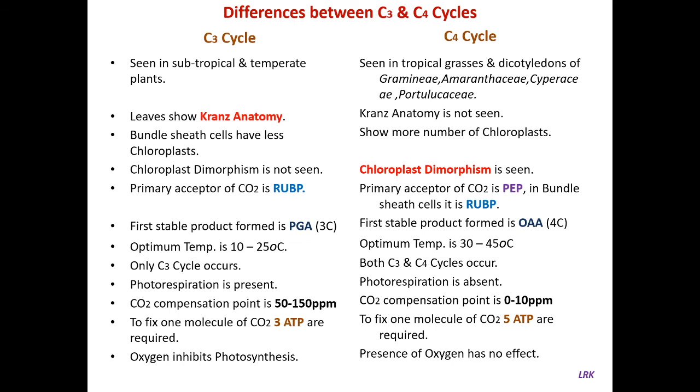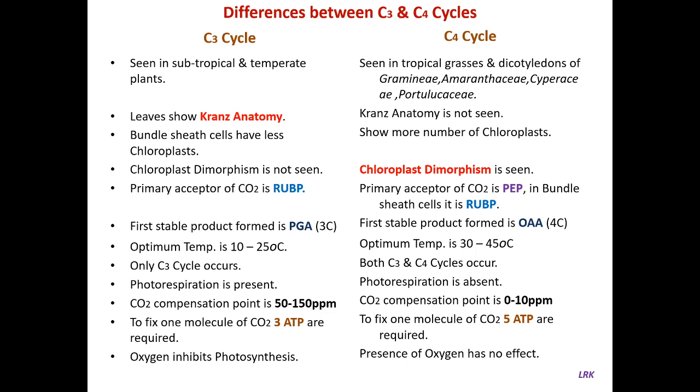Chloroplast dimorphism is not seen in C3 plants, whereas it is seen in C4 plants. The primary acceptor of CO2 is RuBP in C3 plants, whereas the primary acceptor of carbon dioxide is phosphoenol pyruvic acid in C4 plants. In bundle sheath cells, it is RuBP again. In C3 plants, the first stable product formed is PGA, phosphoglyceric acid, which is a 3-carbon compound, and in C4 plants, the first stable product formed is oxaloacetic acid, which is a dicarboxylic acid and a 4-carbon compound.